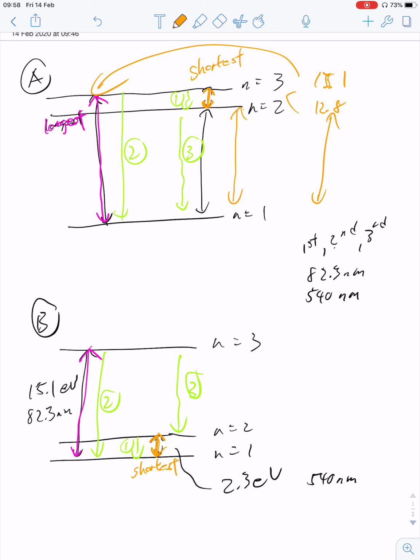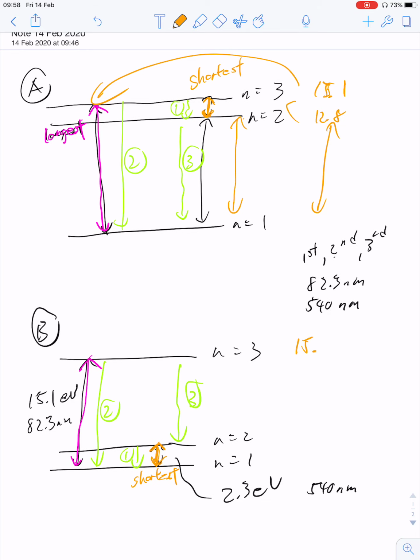Likewise, if this one up here was 15.1, and this shortest one created an energy change of 2.3, then the part that's missing is going to be 12.8 electron volts.